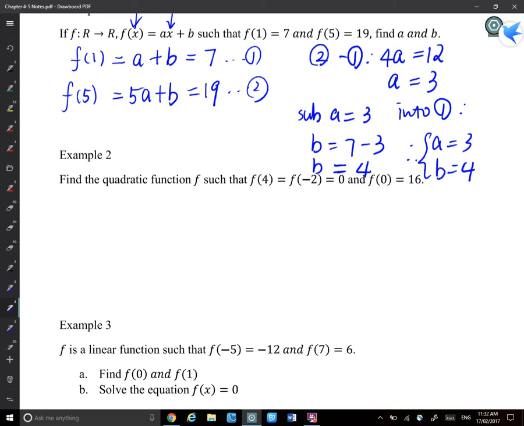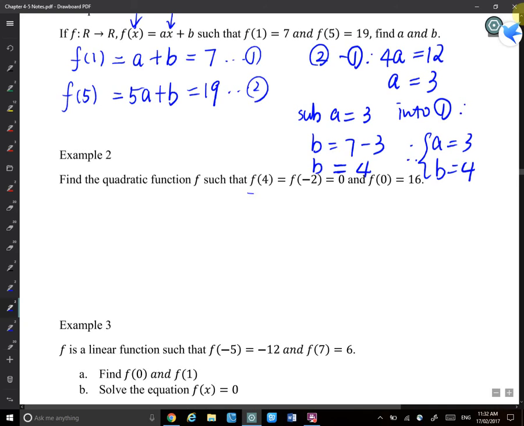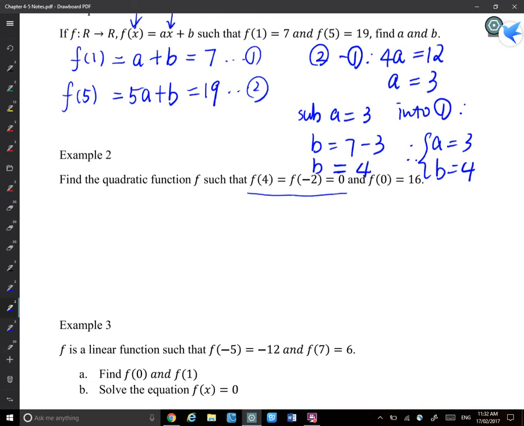Example 2. Find the quadratic function f such that f(4) equals f(-2) equals 0. So what information do you have from this line? What are the points you pass through? What are the coordinates? x equals 4, y equals what?